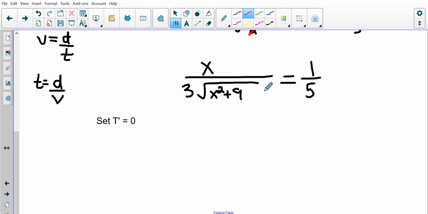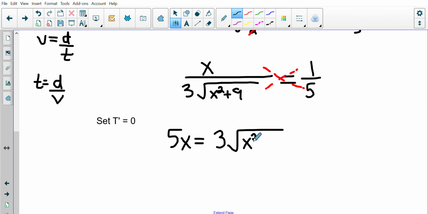Those of you who've been in my math class enough times know where I'm headed. Cross multiplying, I get 5 times x, that's 5x, equals this thing in the denominator times 1, which is just itself.